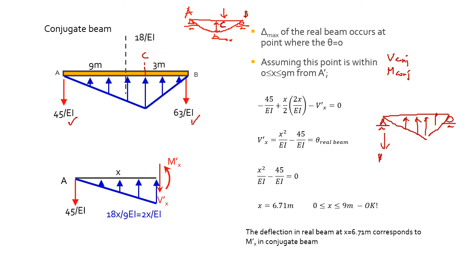For the reaction at A, sum the moment about point B, and you will get RA. This is how much I get. Please try on your own using equilibrium. Then you can find the reaction at B by summing the forces in the Y direction.